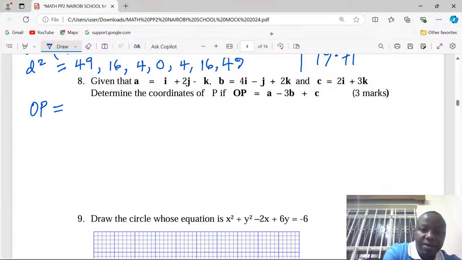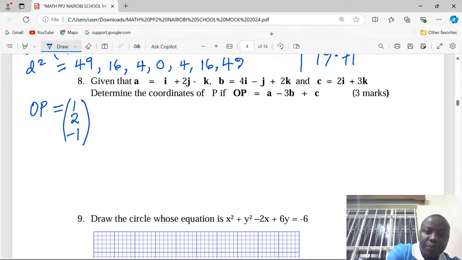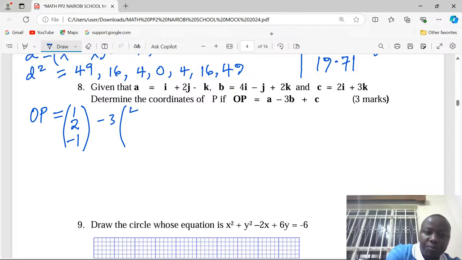This will be given by vector A, whereby I'm going to express the coordinates as a column vector. So I begin with 1, the coefficient of the x coordinates, then 2, -1, that is vector A, -3, vector B. So -3, the value of vector B, which is going to be 4, -1, and 2.